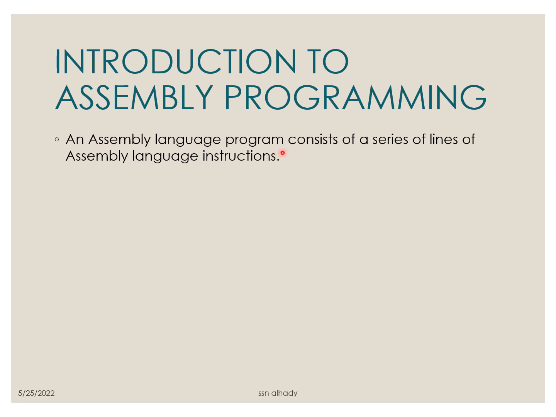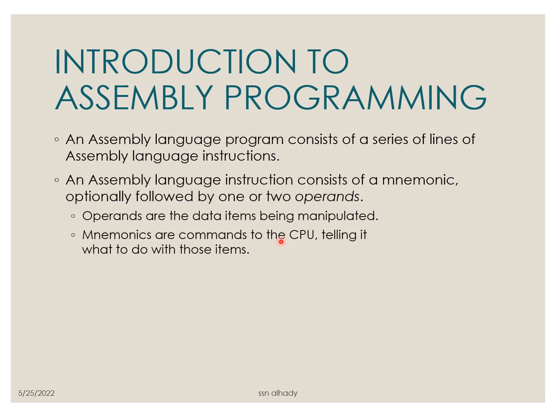An assembly language program consists of a series of lines of assembly language instructions, where each instruction consists of a mnemonic, optionally followed by one or two operands, where the operands are the data items being manipulated.